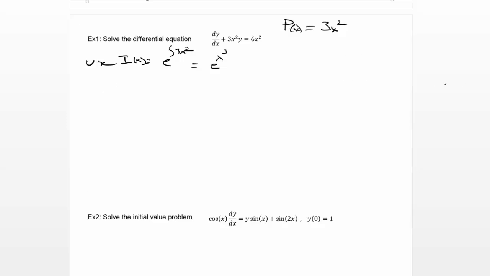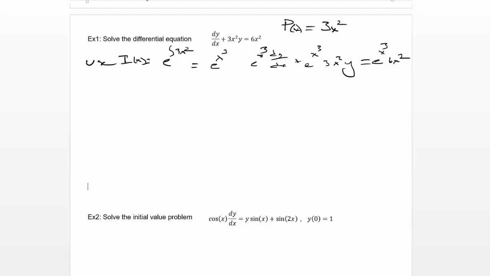So I do that. I multiply every term by e to the x cubed. That gives me e to the x cubed dy/dx plus e to the x cubed 3x squared y. That equals e to the x cubed 6x squared.